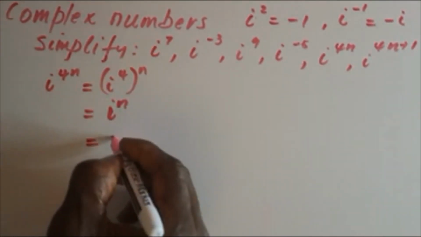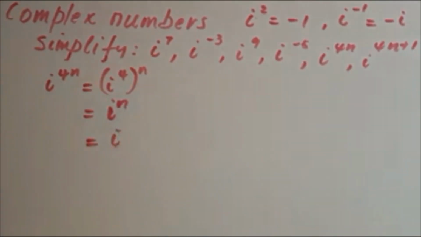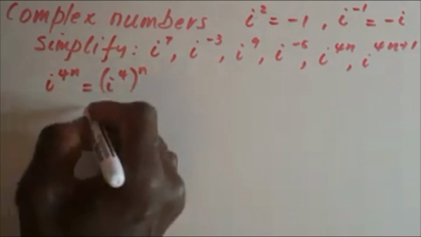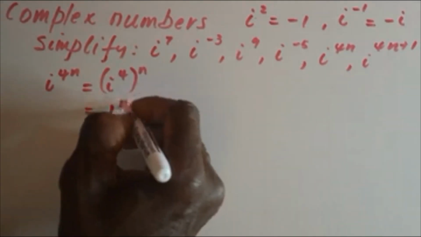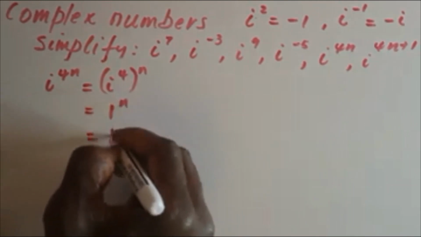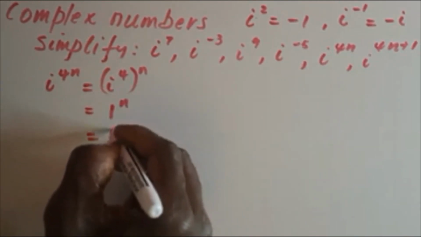So, my mistake. I to the 4th is 1 raised to the n. So, n being a natural number, this result will always be 1.